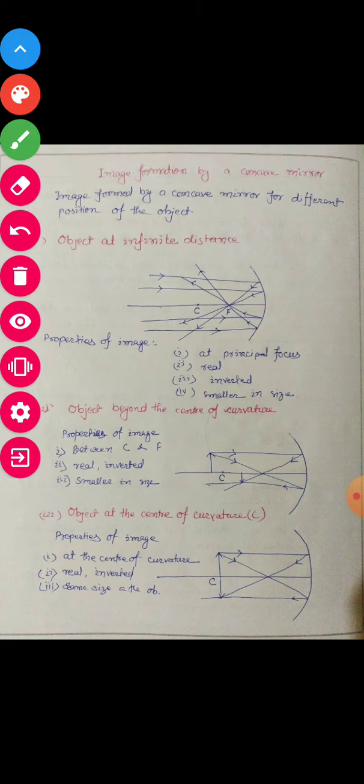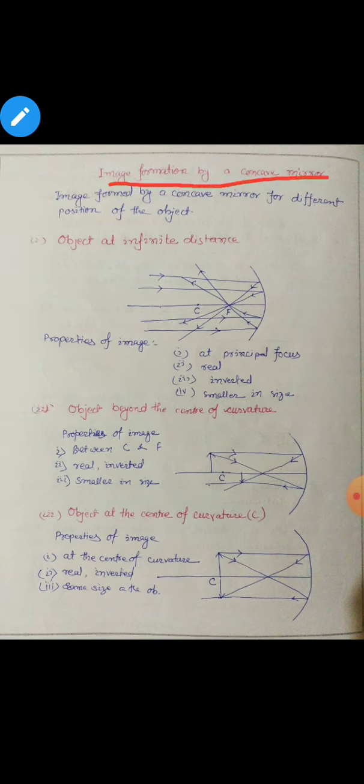Now we will discuss the image formed by a concave mirror. As we know, spherical mirrors are of two types. One is the concave mirror and another is the convex mirror. So first of all, we will discuss the image formed by the concave mirror.